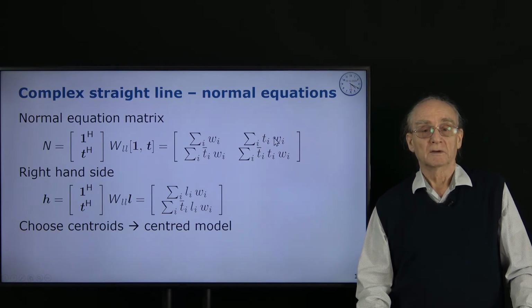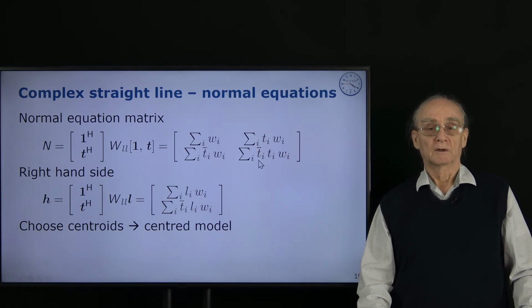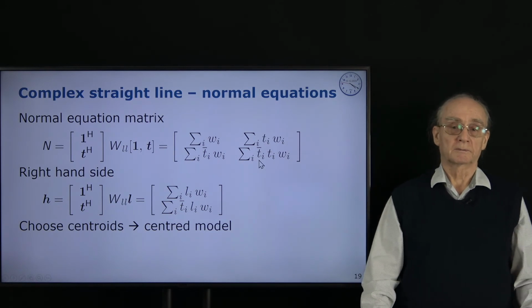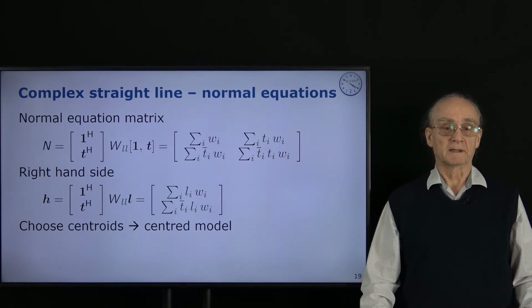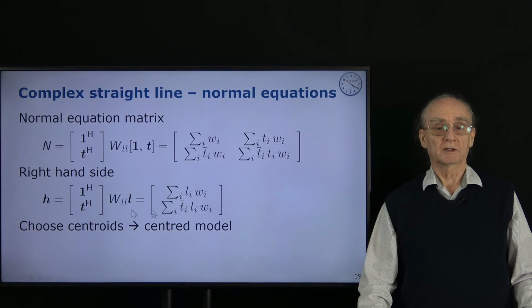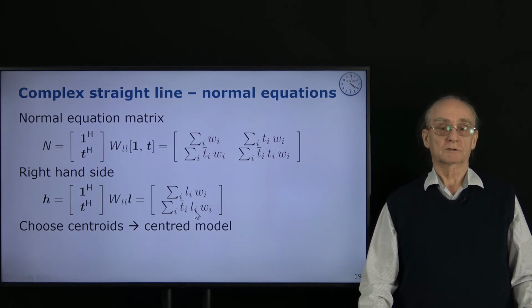Then we have here the sums of the t's. And here we have the sums of the conjugates of our coordinates, weighted. And here we have the sum of the conjugates with itself. So this will be the lengths of the vectors, or the absolute value squared of these complex numbers. The same thing we have here. So we get here the sum of the conjugate given coordinates in complex numbers multiplied with the observed values.